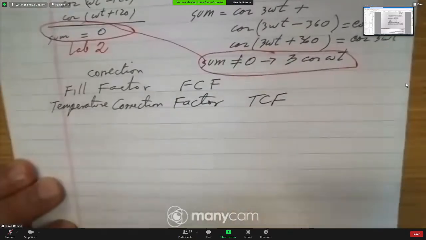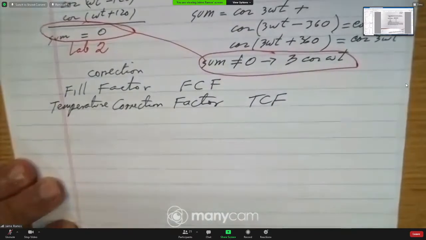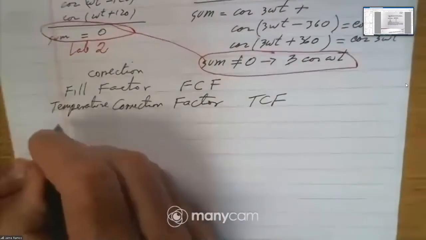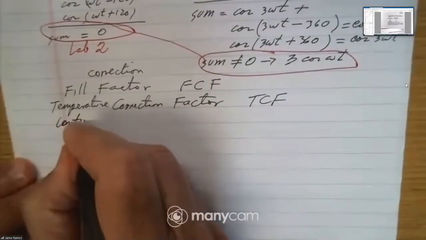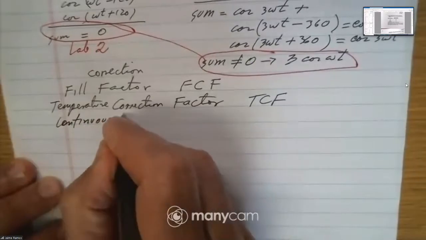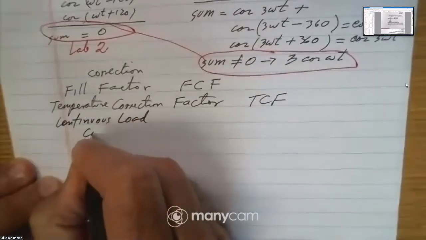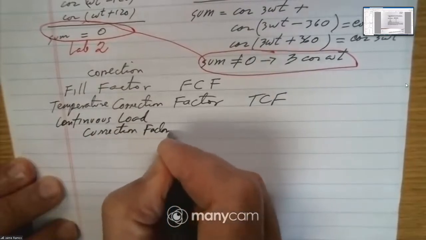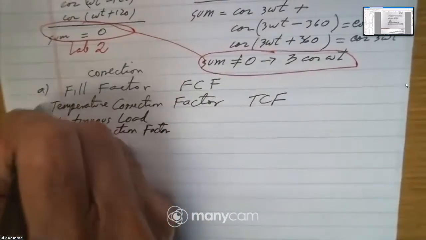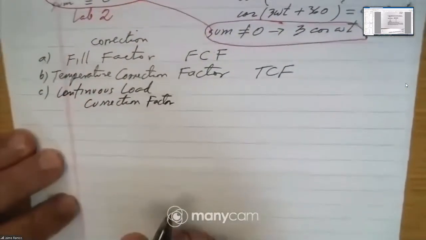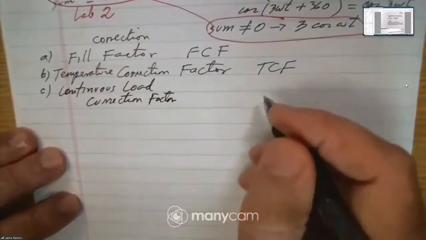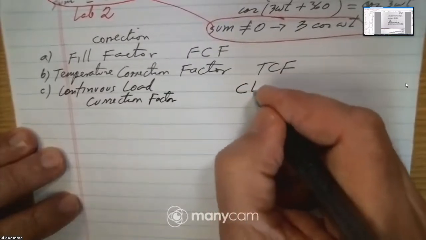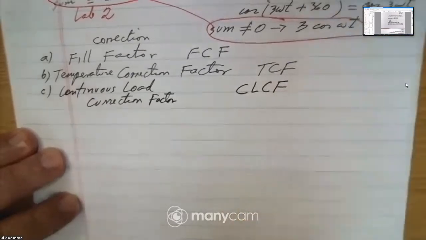And then we will have another, the continuous load correction factor. So we have A, B, C, field, temperature, and then continuous load correction factor. Okay.